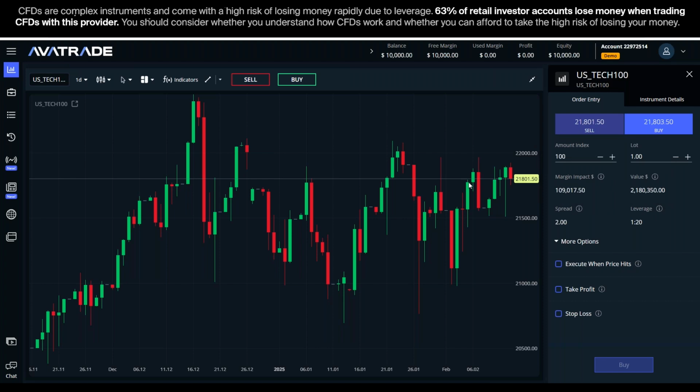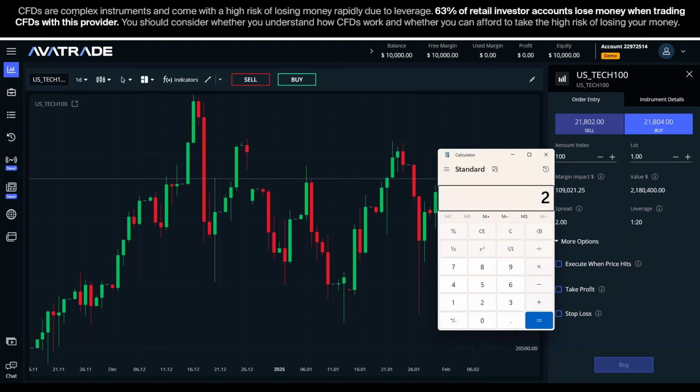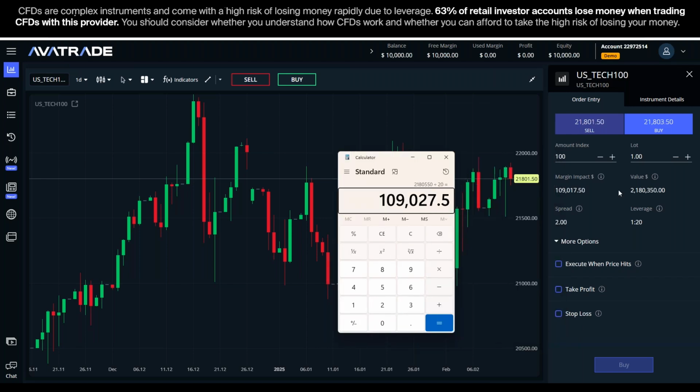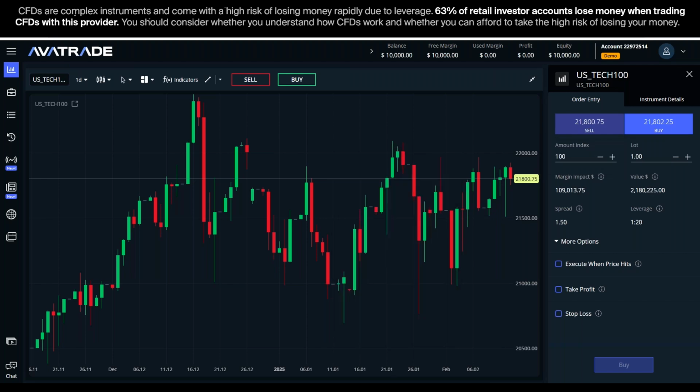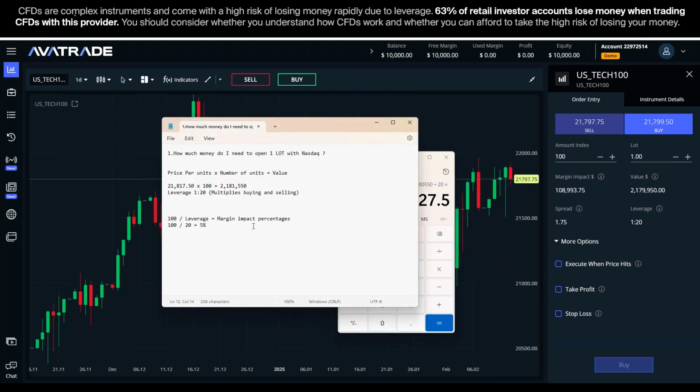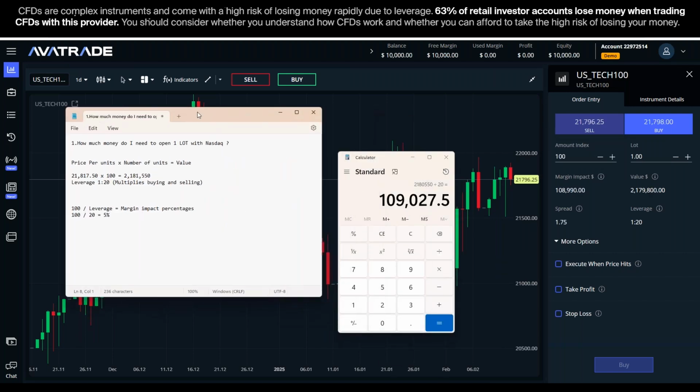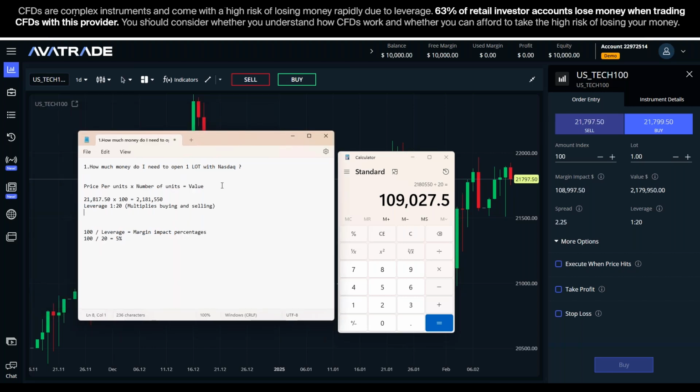Let's do it together one time. 2,180,550, that was the initial figure, divided by 20, and that is the number that we have here. This is very simple, and the equations here should work universally with other instruments as well.